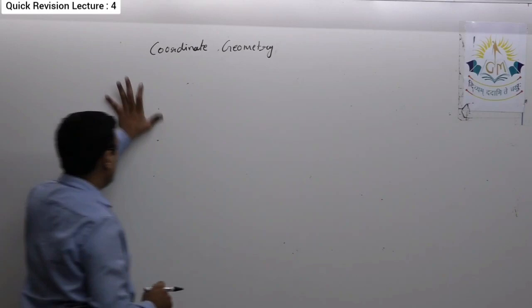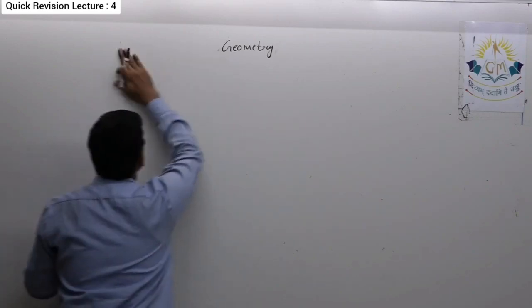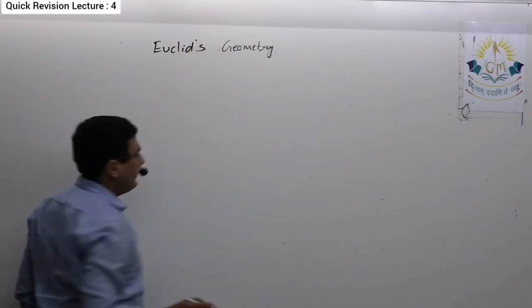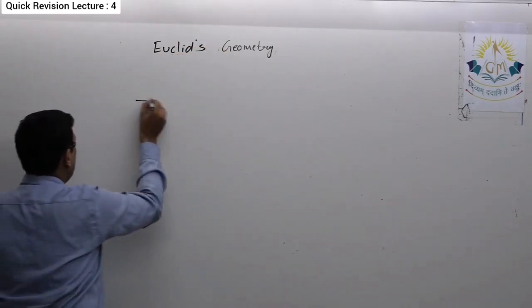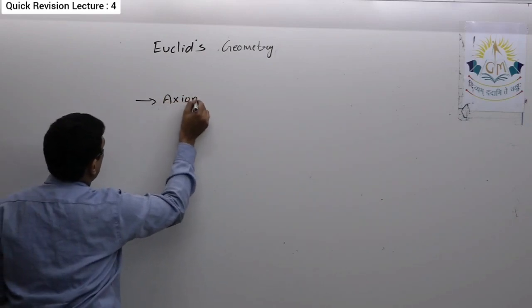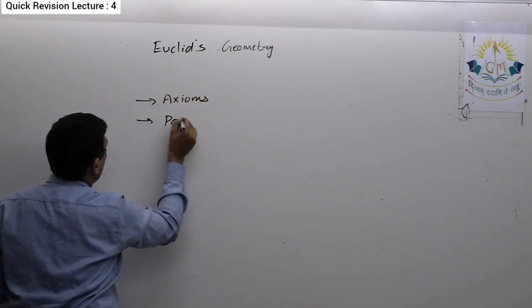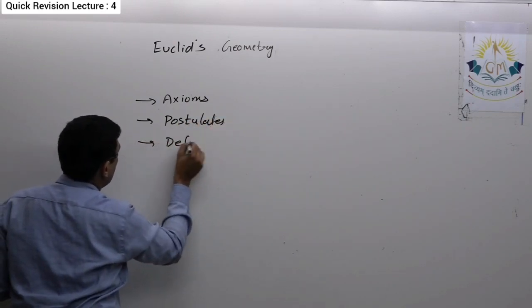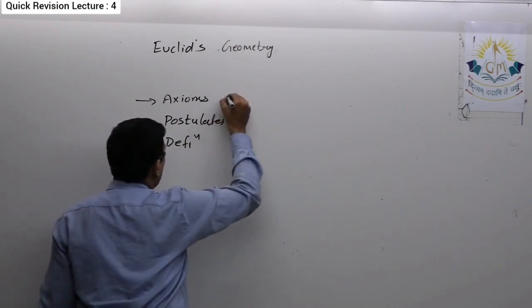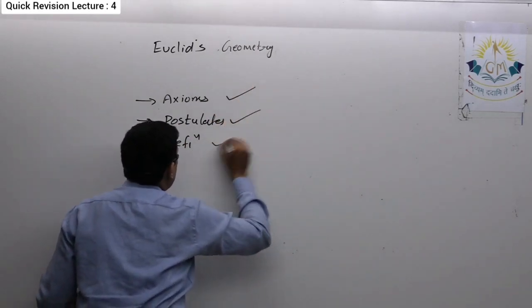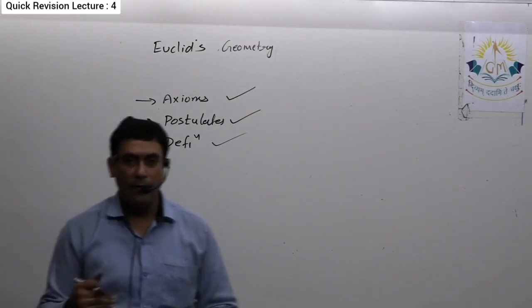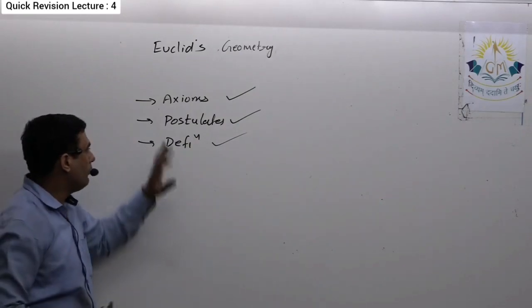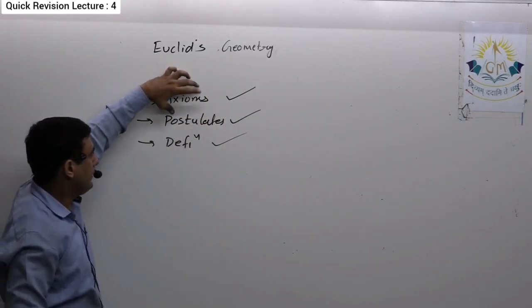So the only thing here in Euclid geometry that we are going to see: it has some axioms, some postulates, and some definitions. You have to go through all the axioms, postulates and definitions. This chapter is almost entirely theory.